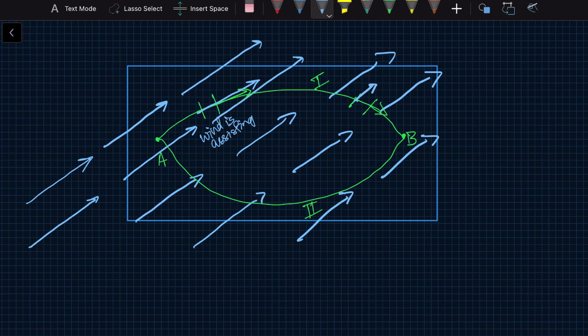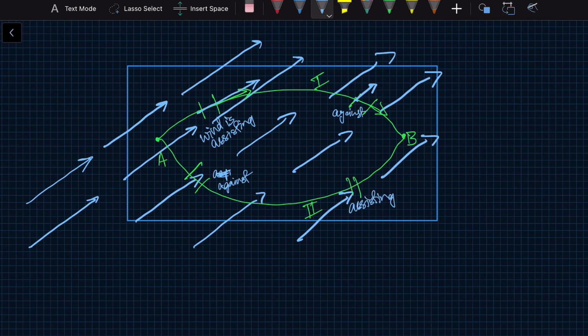As you can see, the wind is going against his direction almost. So the wind is not helping him anymore. And similarly, you can see in path 2. Now, as you can see in path 2, this is the portion in which the wind is going against, and in this portion, the wind is assisting again.